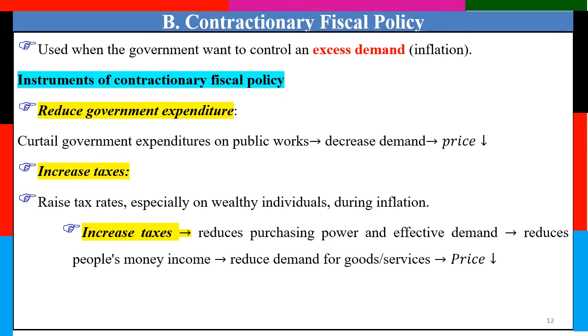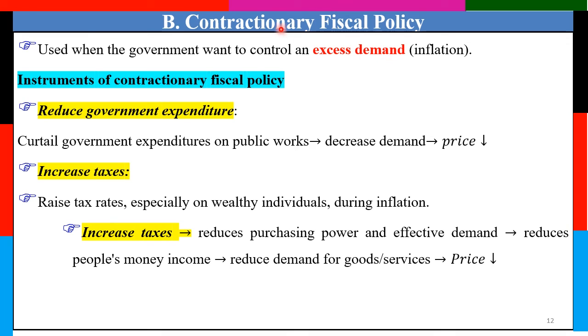The second type of fiscal policy is contractionary fiscal policy. That is the opposite of what? Expansionary. It is used when the government wants to control what? Excess demand, unlike the expansionary. Expansionary fiscal policy is undertaken during deficient demand, or when the demand has decreased.